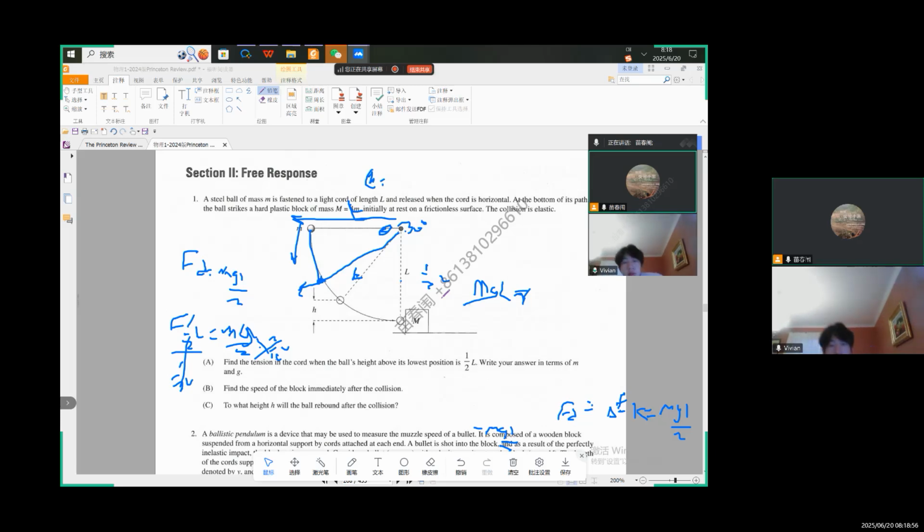Wait a minute. Oh, yeah, if I need to find V squared, basically, EK is 1/2 mv squared minus originally 0, right? When you start here, it's 0, right?